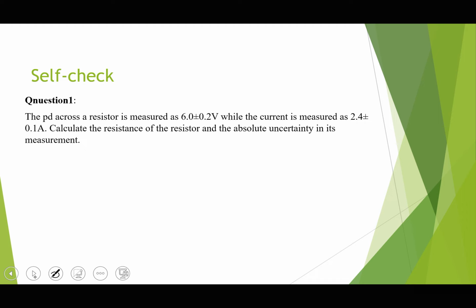It is a product because from Ohm's law we know that PD is equal to I times R, and they want us to calculate the resistance. Maybe I can attempt question 1 and leave behind question 2. Because resistance is equal to V over I, and they have given us the PD V and the current with the absolute uncertainties, then we can find the resistance with its absolute uncertainty.